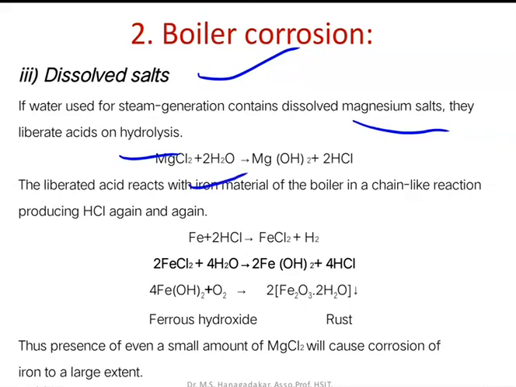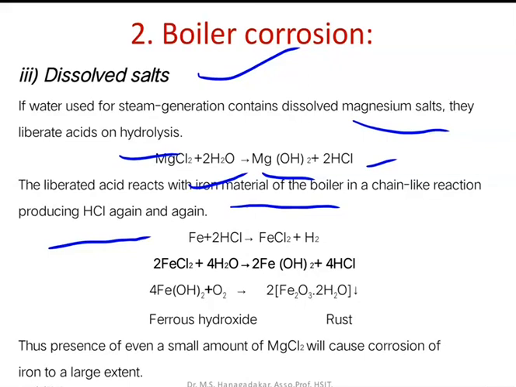There is a formation of magnesium hydroxide and release of hydrochloric acid. This liberated acid reacts with the iron material of the boiler. A chain reaction is produced, so the corrosion increases again and again. So boiler corrosion becomes very severe.